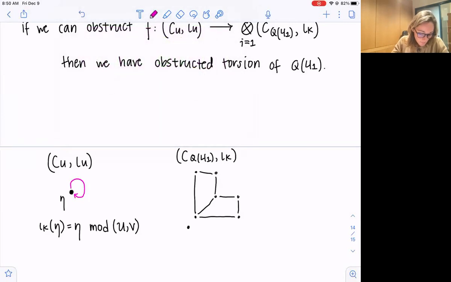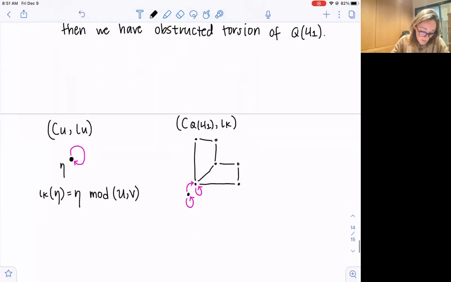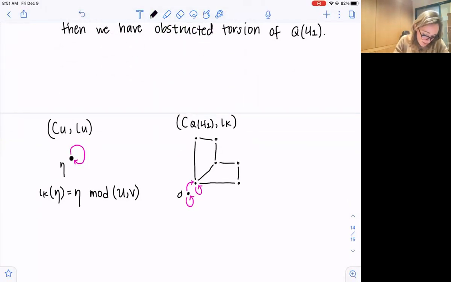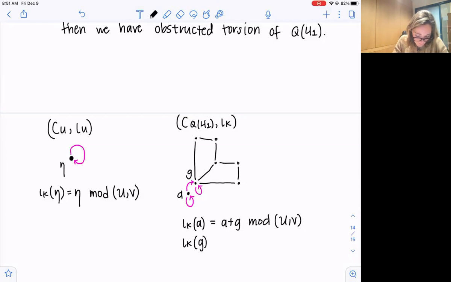And we'll claim that the only interesting action of iota K here is that this generator maps to a sum of itself and this one, and this generator just maps to itself. And I'll write that in words as well. So maybe we'll call this generator A and this one G. And what this diagram is claiming is that iota K of A is the sum of A plus G. Iota K of G just goes to itself.